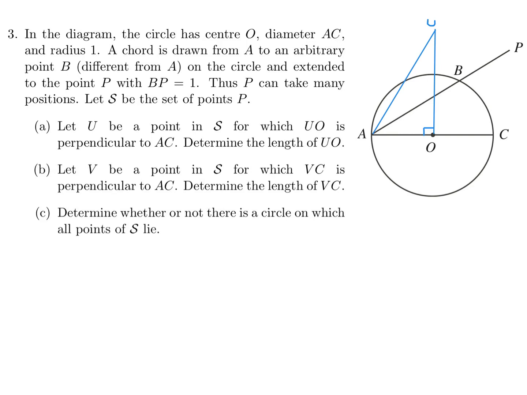And because they had given us an example where when you draw that line, the point where it crosses the circle is B, this is now my new B. And they also tell me that BP is 1. So based on that principle, this B to U will also be 1.